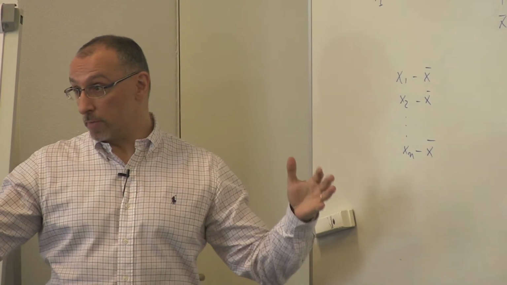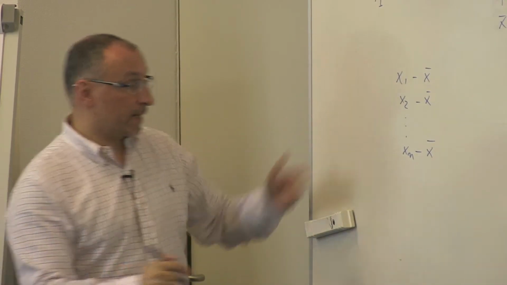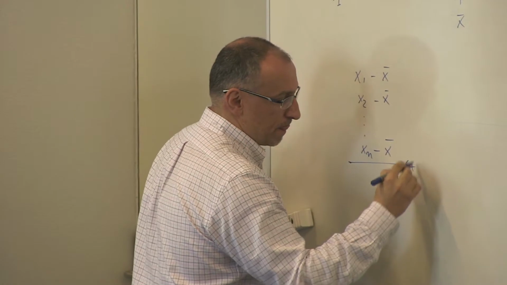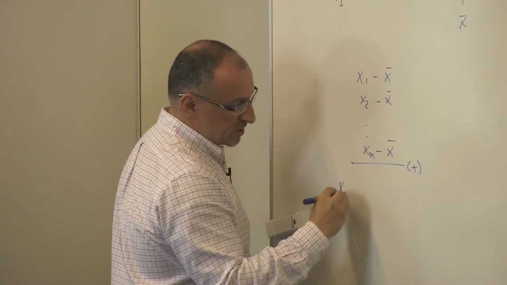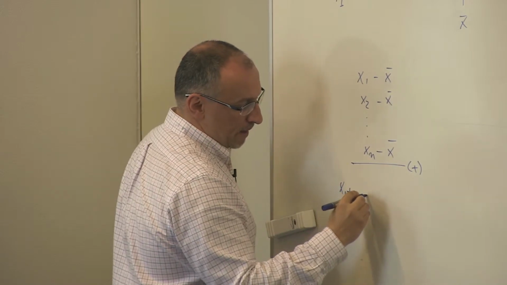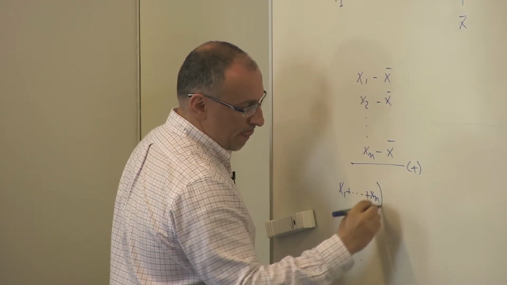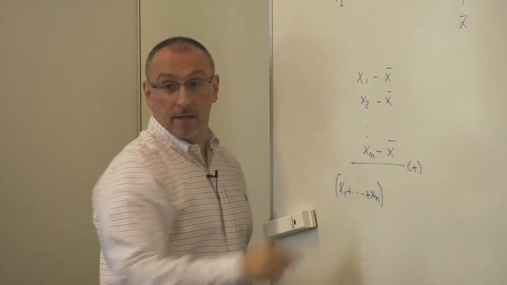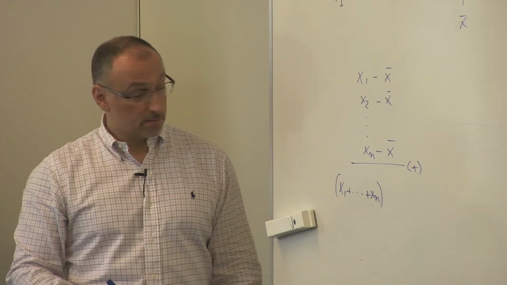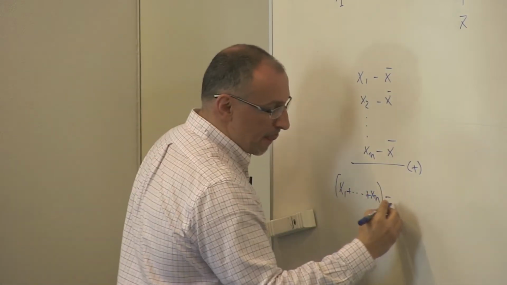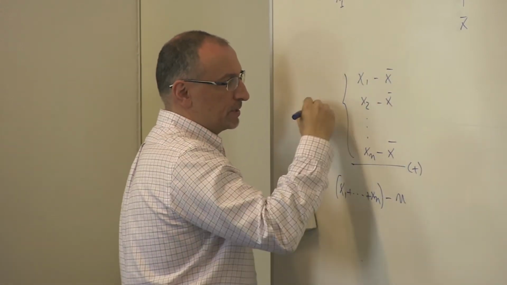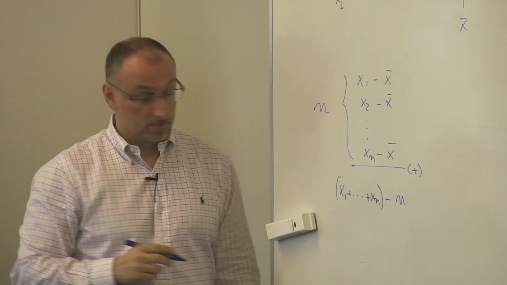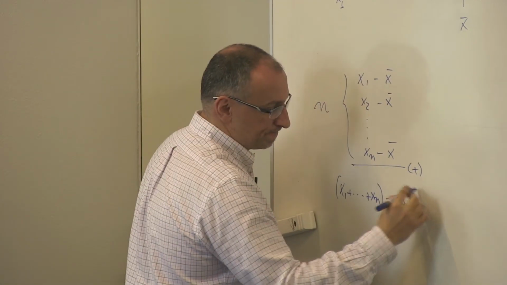But I wanted a global measure of variability, so I can add it all up, which I will do. And if I add it all up, I have a sum from x1 to xn of these data points minus n times, because I have n points, yes, n times the mean.